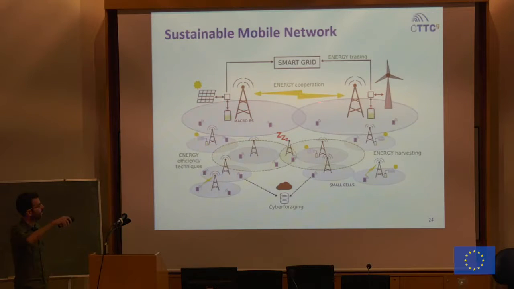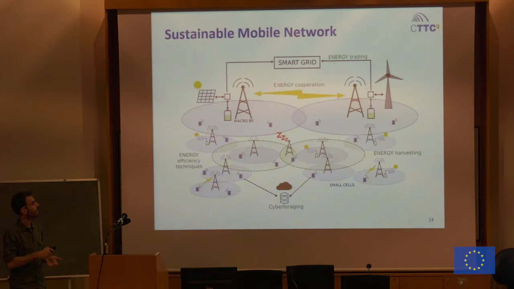And also I can have some energy cooperation among the different entities, so they can share, for example, energy. So if this portion of the network has, for a given reason, more energy than the other, they may want to transfer part of the energy to the other section of the network in order to be self-sustainable.